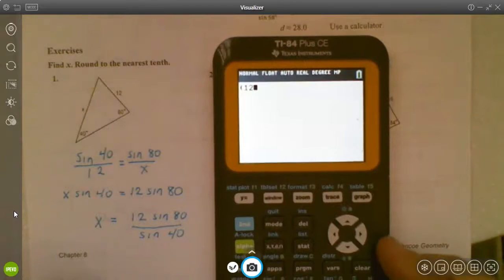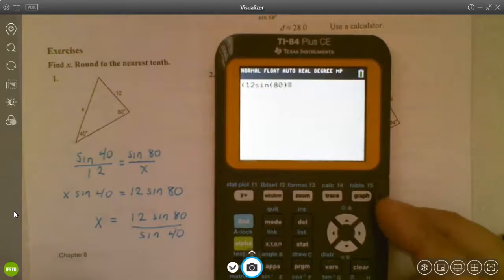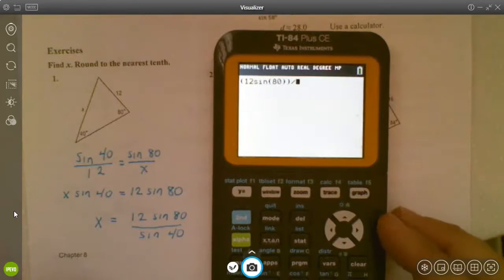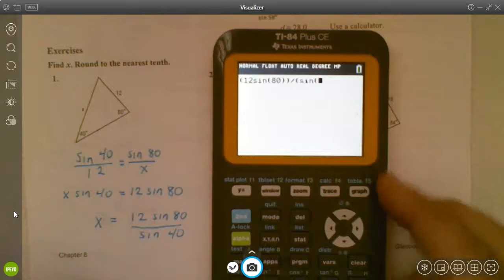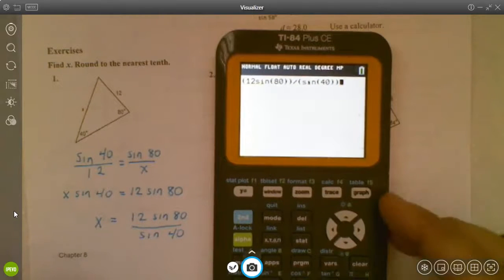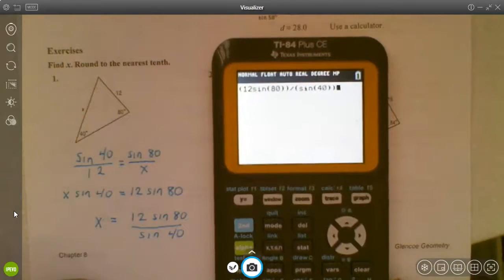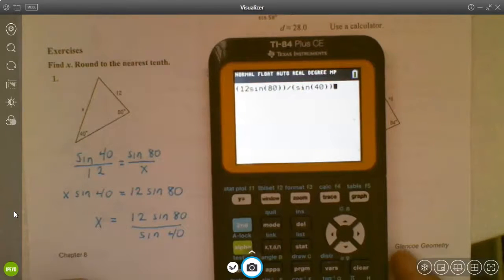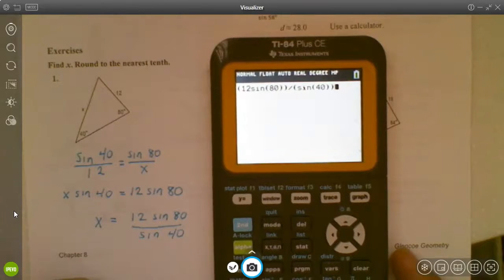So I could say 12 sine 80 is on top, and I'm going to divide that by sine 40. So it looks like this. Now for this problem, I did not need all those parentheses. But it's a safer approach because there are times where if you don't use parentheses, you're going to get the wrong answer. So to be safe, I always encourage using parentheses.